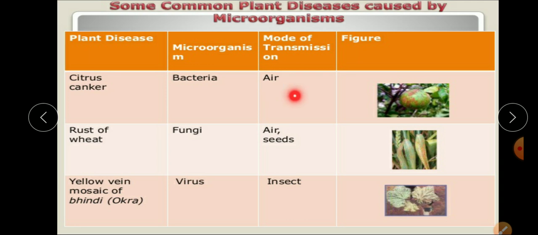Air, air and seeds, and for okra it is insects. You can see the figures of citrus, rust of wheat, and bhindi, that is okra. These are some common plant diseases caused by microorganisms. The mode of transmission is also given.